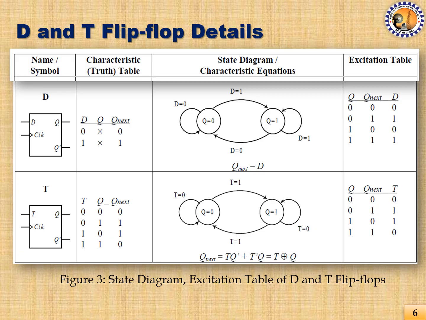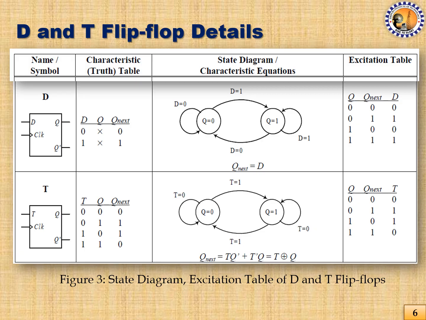And then when Q equal to 1, that means present state is 1, and if we have T equal to 0, then the next state will also be 1. That is represented by the self loop.